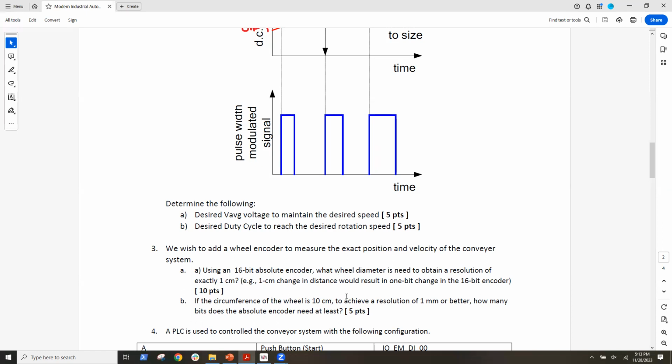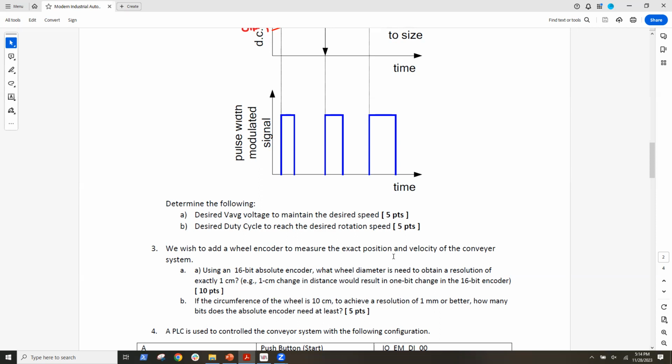I think I was asking for the radius. What is the radius or diameter of that little encoder? Any units are fine, I can convert them. And then if you had a radius of this, what is the resolution required to stop with 1 millimeter accuracy?